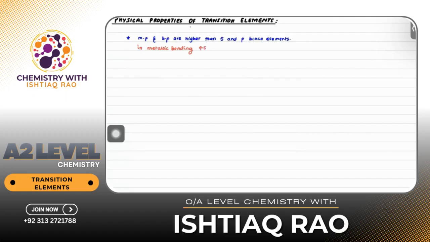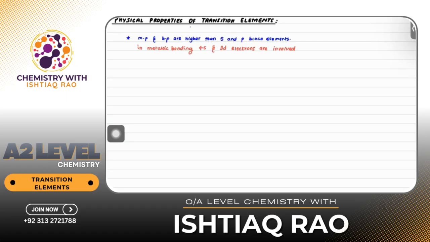4s and 3d electrons are involved. So what would be the effect if they are involved in metallic bonding?